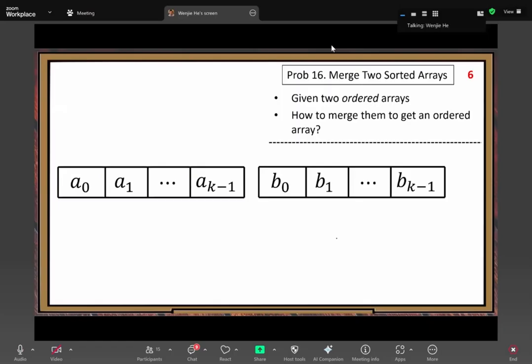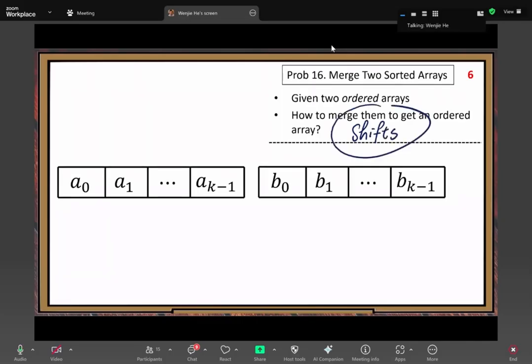Although we connect to the insertion step from before, here it is different from the insertion step. Remember in the insertion step we do shifts. So here we also need to consider the difference from that insertion step, because in the insertion step we need to do a lot of shifts.